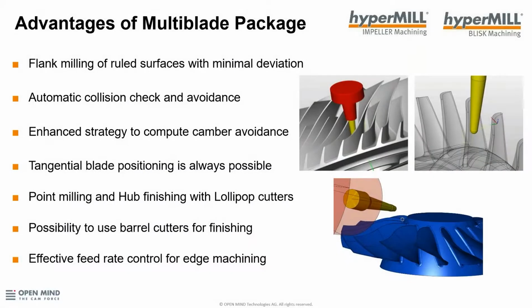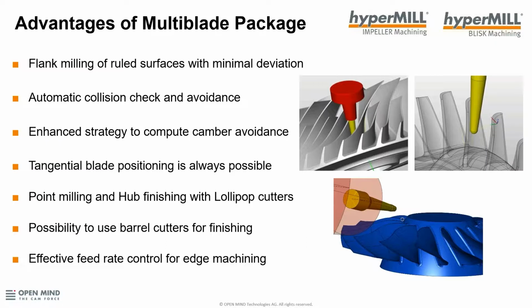So what are some very specific advantages of these multi-blade packages? First of all, there's short programming time, machining time, and the superior surface finish that we want to achieve with the multi-blade cycles is very much possible. There are minimum steps that are actually required in CAM programming of these parts using this package.